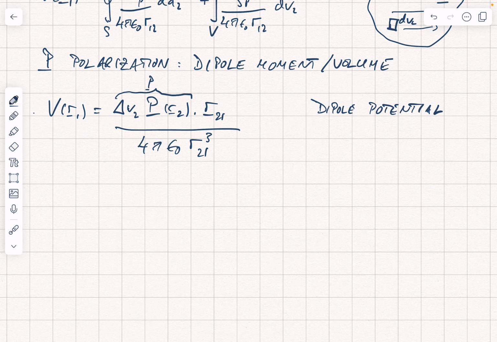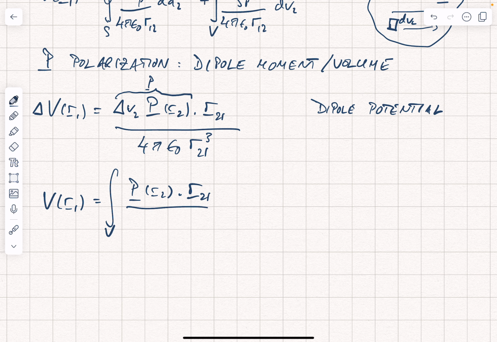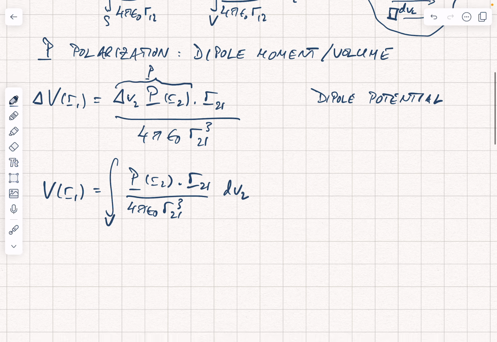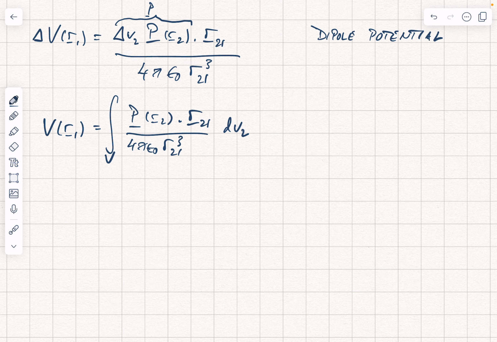So V at R1 is the volume integral of P at R2 dotted with R21 divided by 4 pi epsilon naught R21 cubed dV2. That's just integrating over the entire material.